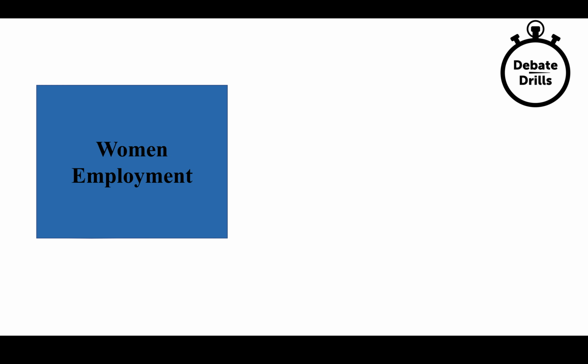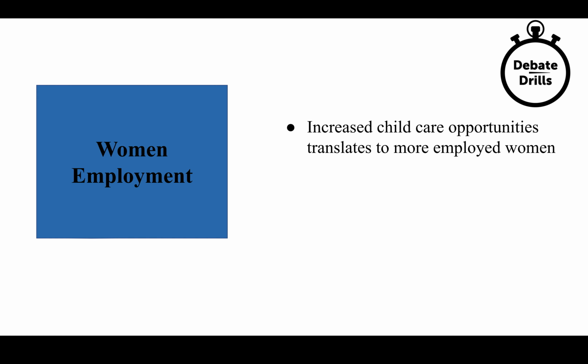Another argument that you can make is very related to the feminist argument and overlapping with it, and that's the argument of women's employment, right? Increased childcare opportunities translate to more employed women. In other words, when women can't get childcare, when they don't have someplace to send children, they're forced to stay home and take care of the children themselves.